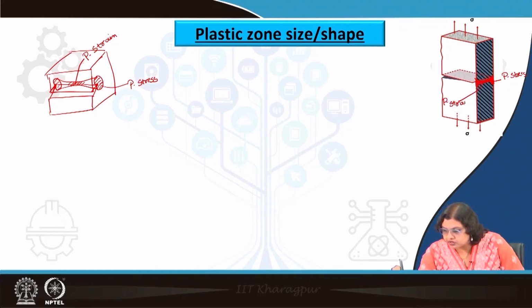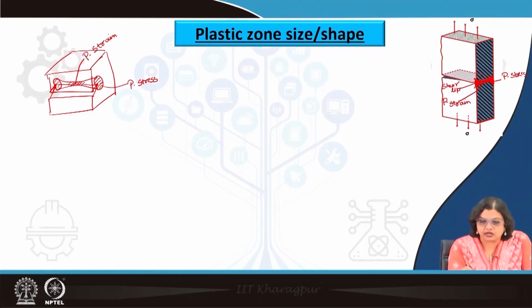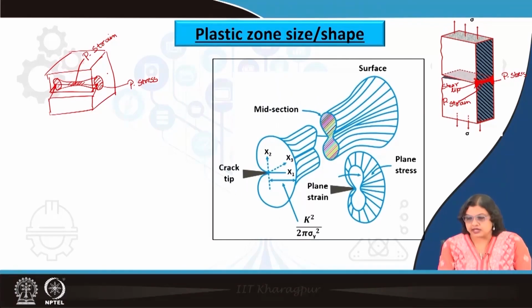So, this plane stress condition, generated along 45° to the crack direction, is nothing but the presence of the shear lip that can be seen on the fracture surface.